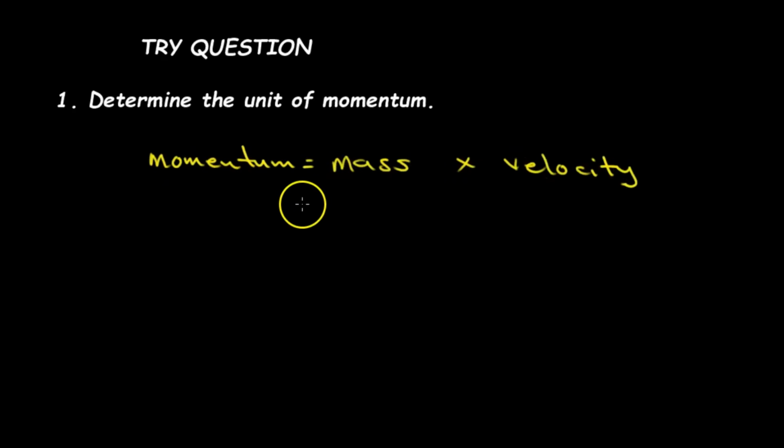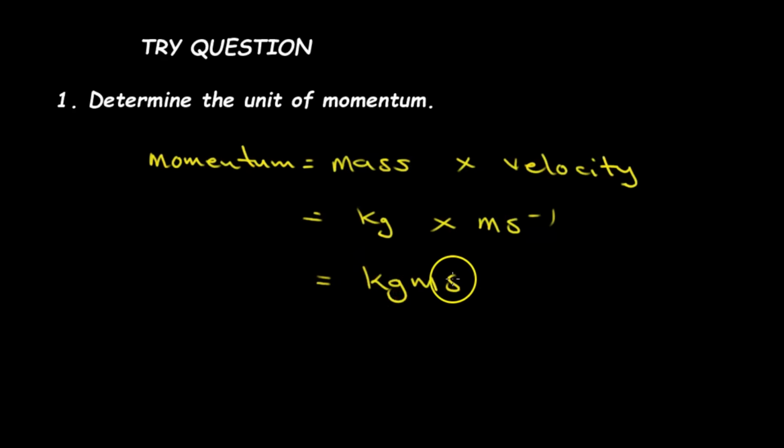The unit of mass is kilogram, and the unit of velocity, which we found in the other video, was meter per second. So the unit of momentum is kilogram meter per second.